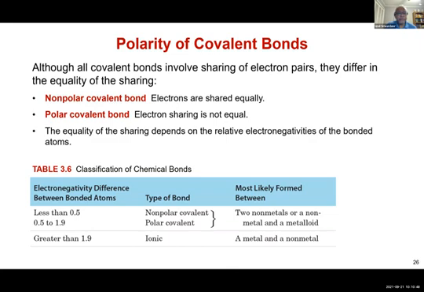But we are talking about covalent bonds, non-polar covalent bonds and polar covalent bonds. These are formed between two non-metals, or a non-metal and a metalloid, or two different metalloids. Non-metals and metalloids have higher electronegativities, so covalent bonds normally form between two non-metals with higher electronegativities.